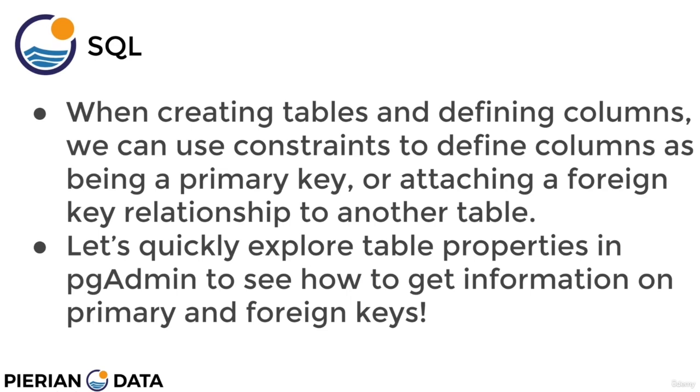However, I mentioned that in a simple query call, pgAdmin only directly alerts you to something being a primary key and not a foreign key. I want to quickly explore the table properties available to us in pgAdmin in order to get information on primary and foreign keys through the properties window, since we can't really see them directly through just a simple query call. Let's jump to pgAdmin and show you how to understand the foreign keys present within a table.